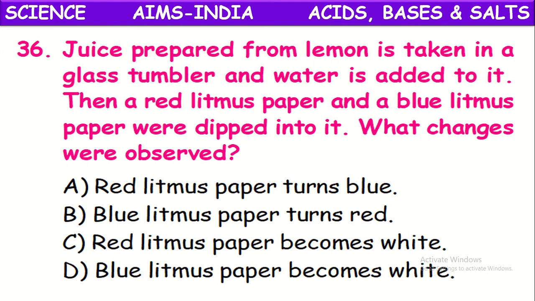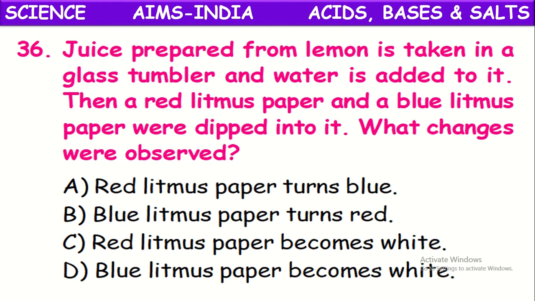Juice prepared from lemon is taken in a glass tumbler and water is added to it. Then a red litmus paper and blue litmus paper were dipped into it. What changes were observed? Lemon juice is taken and added into water. We know lemon juice contains some acids like citric acid and ascorbic acid.